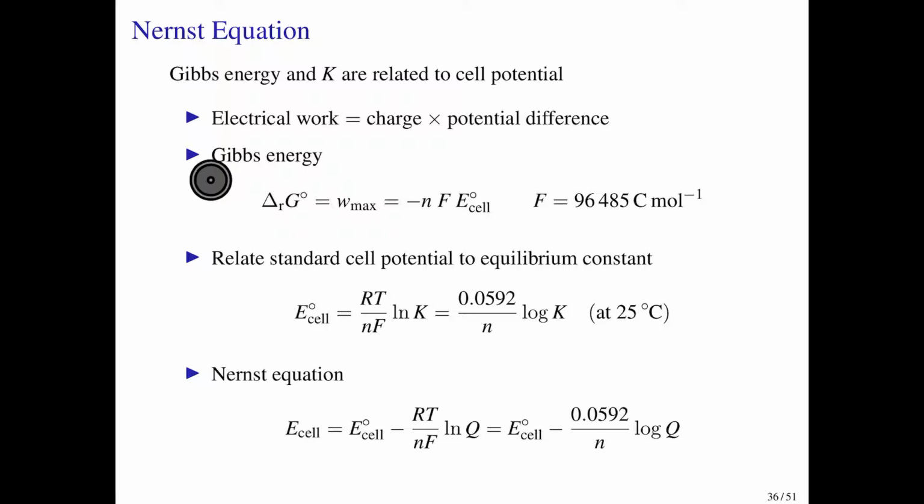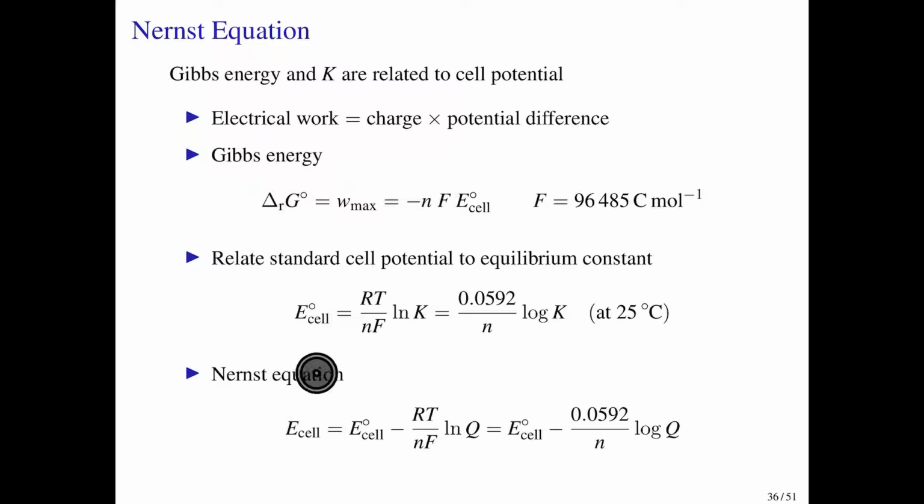By using the relationship between the Gibbs free energy and the equilibrium constant that we learned about in the last chapter, you can then in turn relate the equilibrium constant to the cell potential. And I've skipped the algebra involved, but here is the formula for doing that. So given the equilibrium constant for a reaction, you can calculate the cell potential, or you can rearrange this equation.